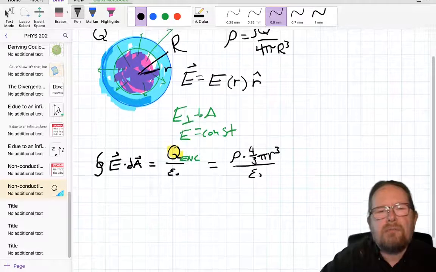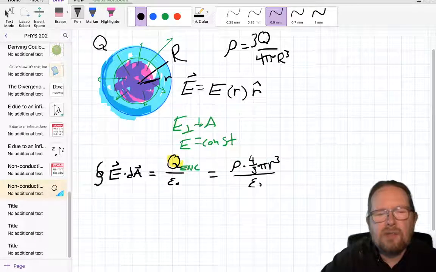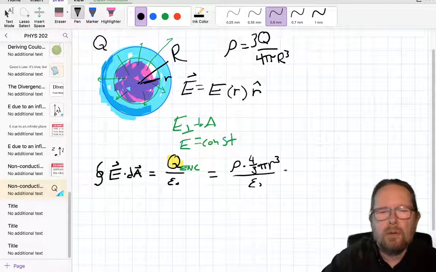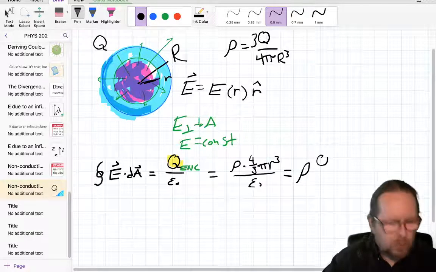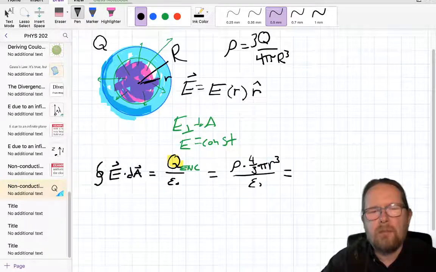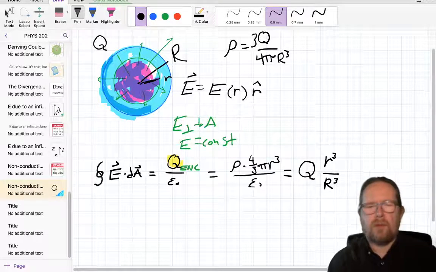Since the density is just the total charge over the volume of the sphere, this is just going to be equal to the total charge times the ratio of r cubed of our Gaussian surface to R cubed of the whole sphere.